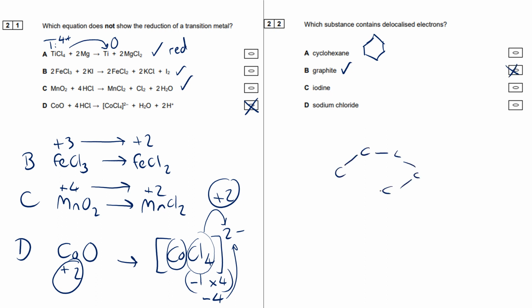You've got layers of hexagonal carbon atoms, and you've got delocalized electrons because each carbon forms 3 bonds per atom. One delocalized electron per atom that moves between the layers. Iodine is molecular, there's no delocalized electrons. Sodium chloride is ionic. There is electron transfer to make your Na plus and your Cl minus, but there are no delocalized electrons.